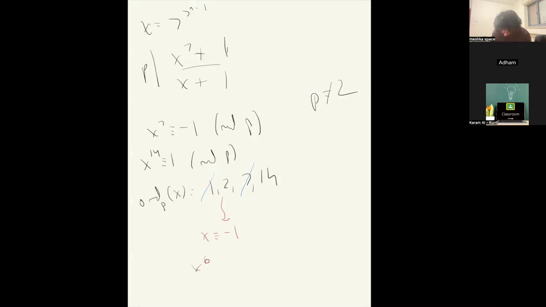Then x to the 6th minus x to the 5th, this thing is exactly 7, right? So that would mean p equals 7. But we know p is not 7. So that actually rules out 2 as well.